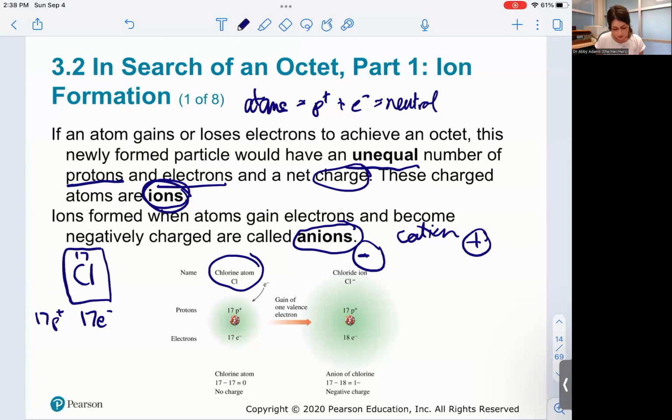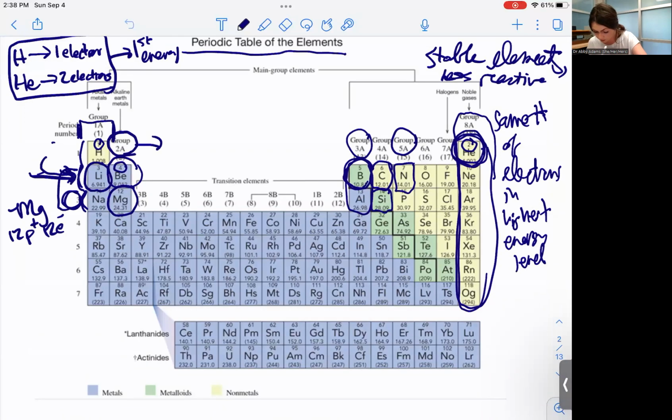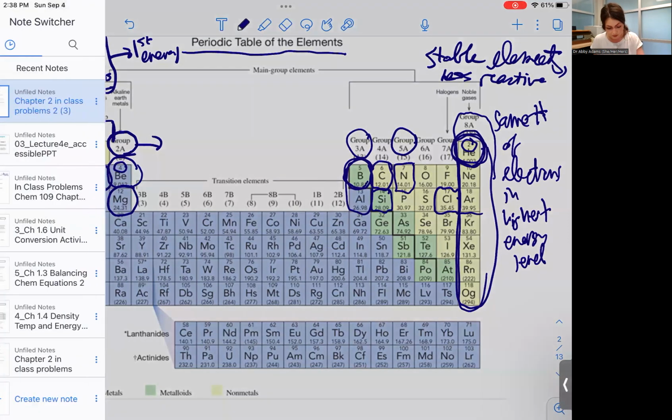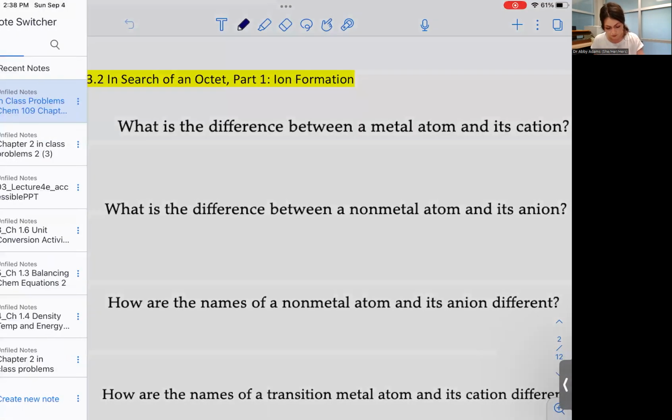Okay, so basically, when you look at the periodic table and you do the math, let's look at the periodic table. Chlorine is right next to argon, all right? So what can it do? It can either lose several electrons or it can gain electrons.